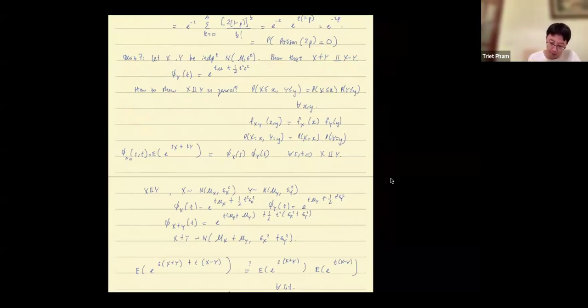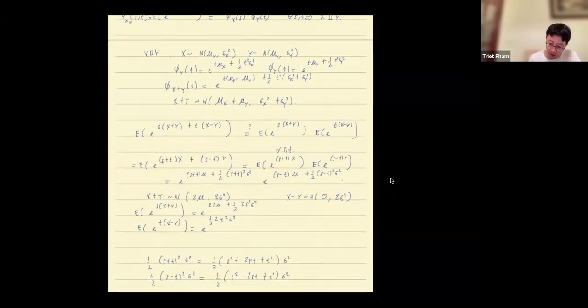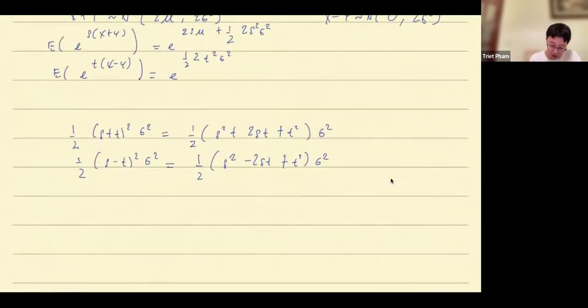All right, so let's move on to the last question that's relevant for this chapter, which is, I believe, the hat problem. This one has nothing to do with the moment generating function. This one has to do with variance calculation.